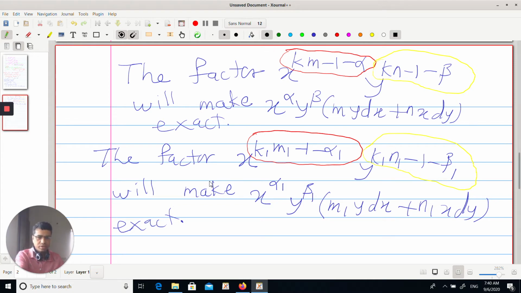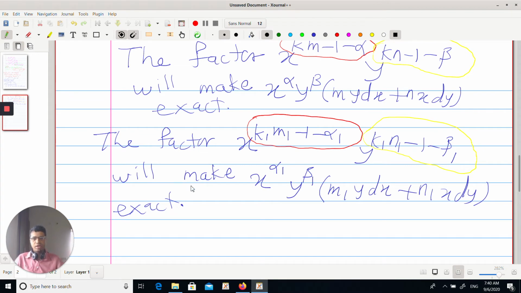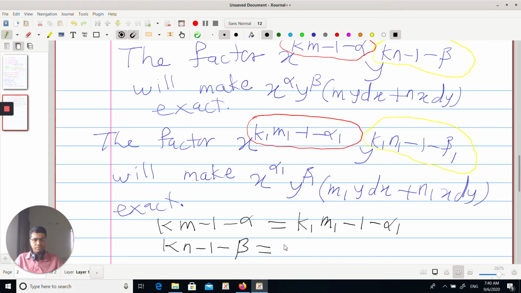So our equation now is k m minus 1 minus alpha is the same as k1 m1 minus 1 minus alpha 1, and the second equation is kn minus 1 minus beta is equal to k1 n1 minus 1 minus beta 1.